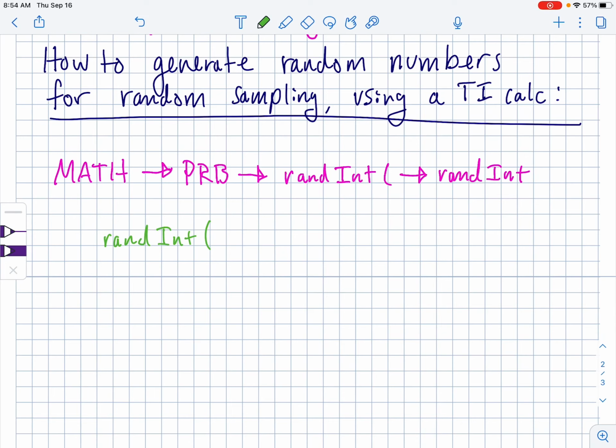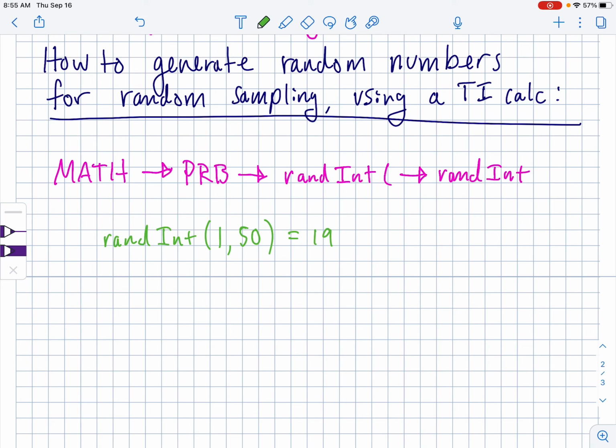The numbers are the start and stop points of where you want it to pull integers from. So if you had numbers from 1 to 50, let's say I had 50 kids in a class, not unusual for this year, put 1 comma 50 and then hit enter, and it gave me a 19. So it literally just pulled a random number between 1 and 50.